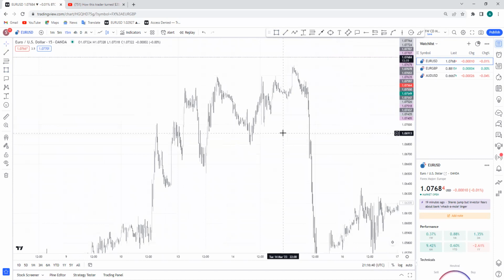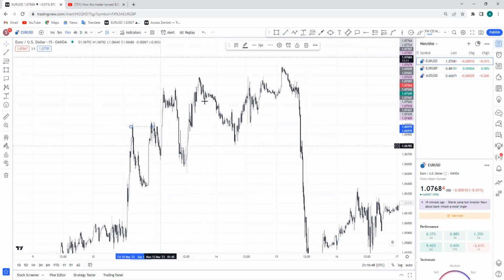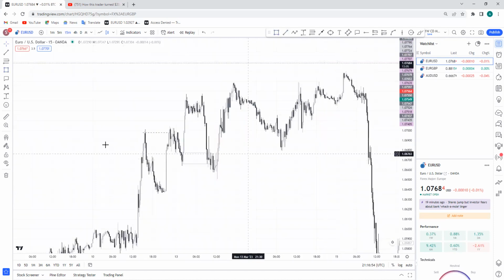Now, let me look at another one. Okay. Now, looking at this, we have a break of structure. Now, this will be expecting a buy from here. See what price does. Price swept this liquidity. In fact, I'm expecting price to come into this place.